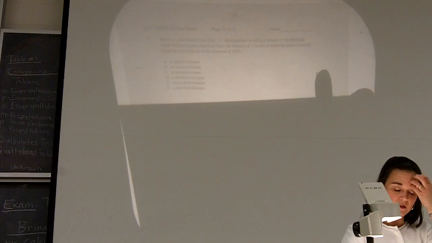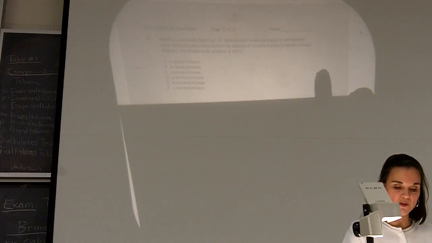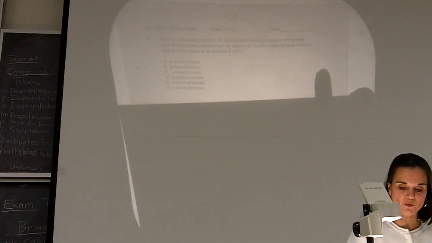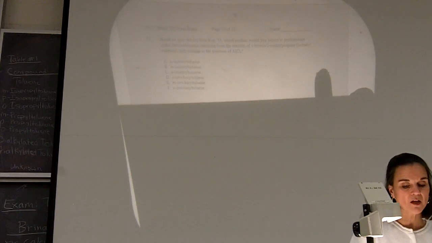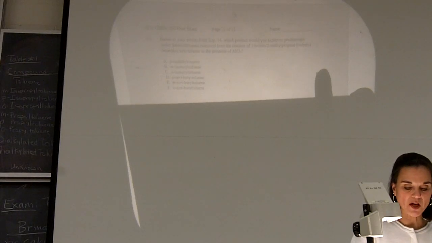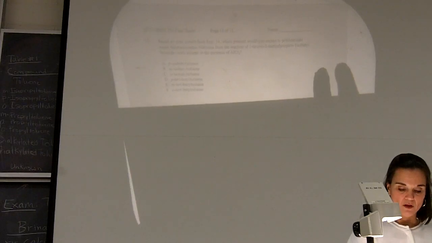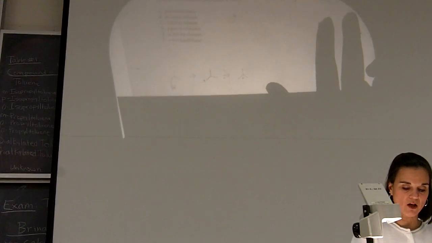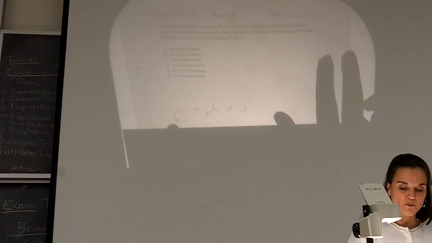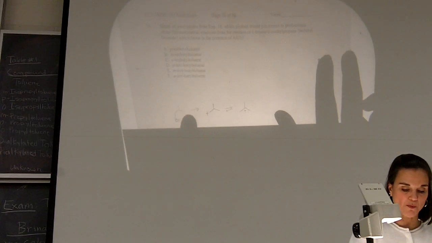Our last question. Based on your results from experiment 14, which product would you expect to predominate under thermodynamic conditions from the reaction of 1-bromo-2-methylpropane, so isobutyl bromide, with toluene in the presence of aluminum chloride? Okay? So drawing this here to kind of help you out. So we've got 1-bromo-2-methylpropane.